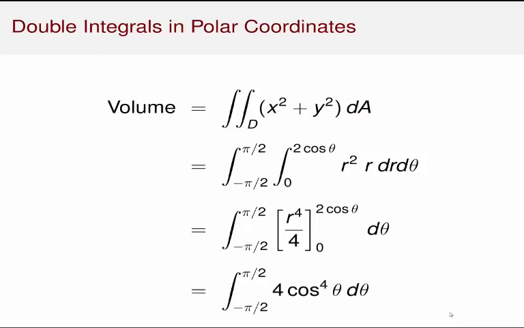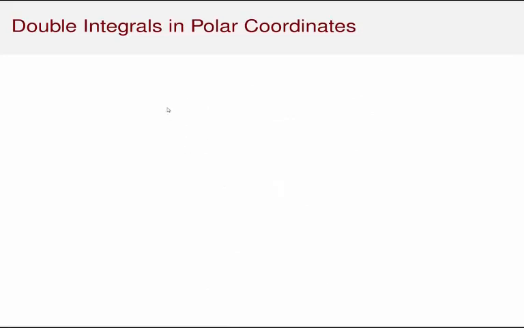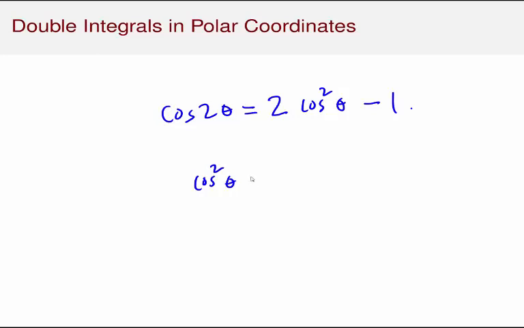Right, to continue the calculations, we need to expand on the term cosine theta to the 4. Well, remember the identity cosine 2 theta being equal to 2 cosine square theta minus 1. After rearranging, we can write cosine square theta as cosine 2 theta plus 1 over 2.